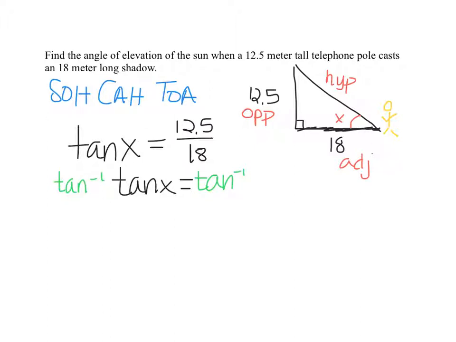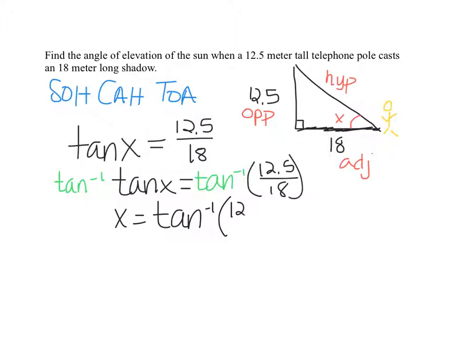So I'm going to do the tangent inverse on both sides. Now, what I know is that when I do the tangent inverse of the tangent of x, that reduces just to x equals. So what I'm typing in my calculator is the tangent inverse of 12.5 over 18.